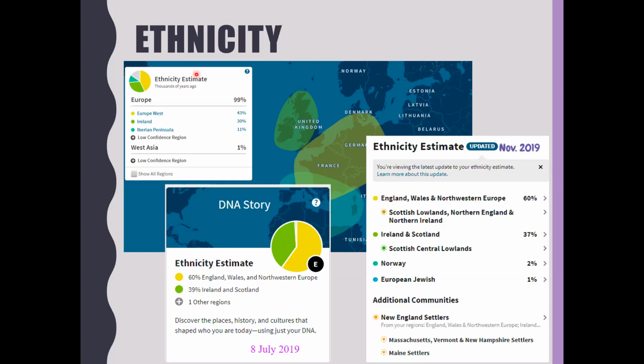What's interesting is, this little tiny bit that I said to ignore, he and I have that at all the services that we've tested, 1% to 2% of something that's not from the UK or Ireland, and something that my aunt on my dad's side doesn't have.